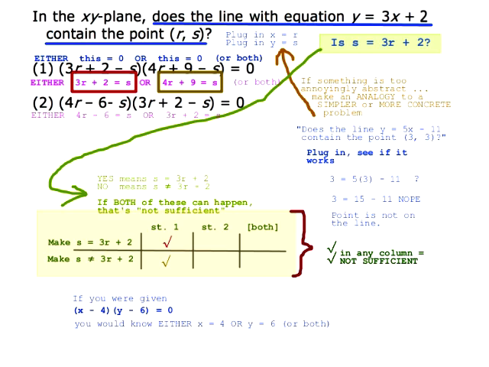Let's color code that. That's going to check out the top box. And if S is 4R minus 6, they're not the same, then it'll check out the bottom box.